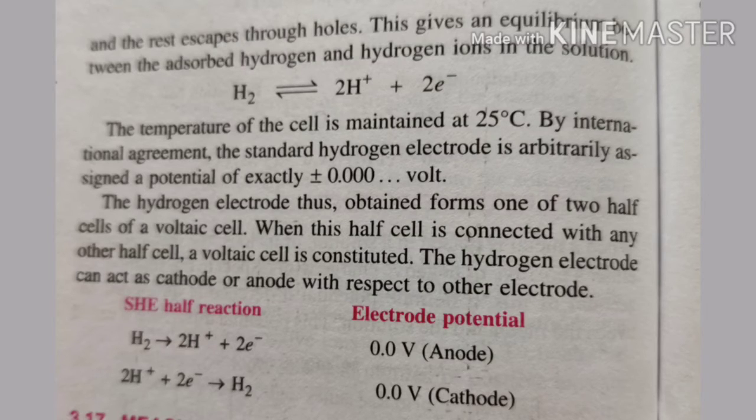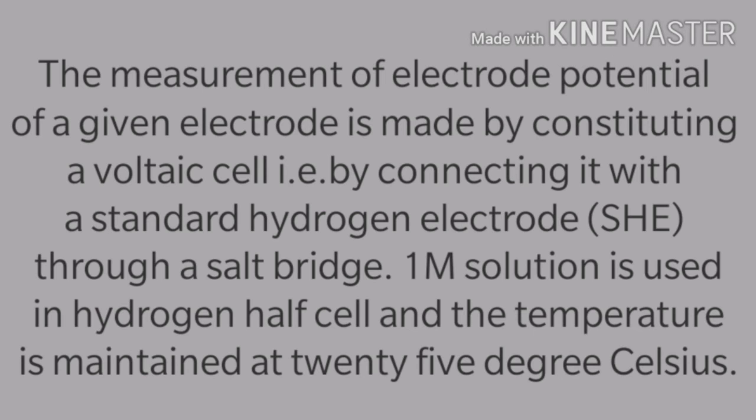For the measurement of the electrode potential of a given electrode, we constitute a voltaic cell by connecting it with a standard hydrogen electrode through a salt bridge. A 1 M solution is used in the hydrogen half cell and the temperature is maintained at 25 degrees Celsius.